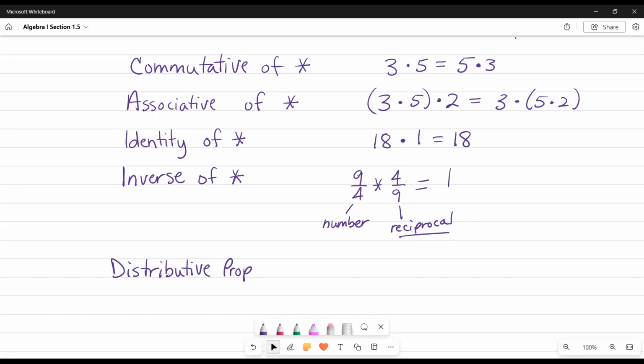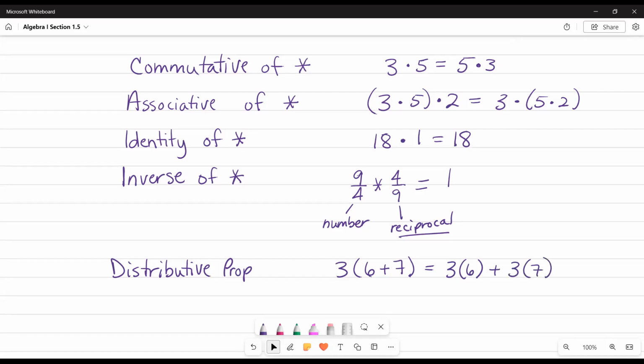Okay, we don't specify the distributive property of multiplication because you only distribute with multiplication. So the distributive property, our example here, if we have 3 times 6 plus 7, that's the same as 3 times 6 plus 3 times 7.